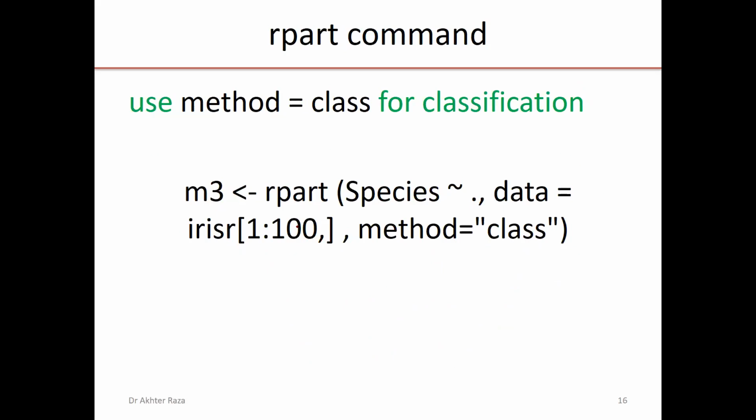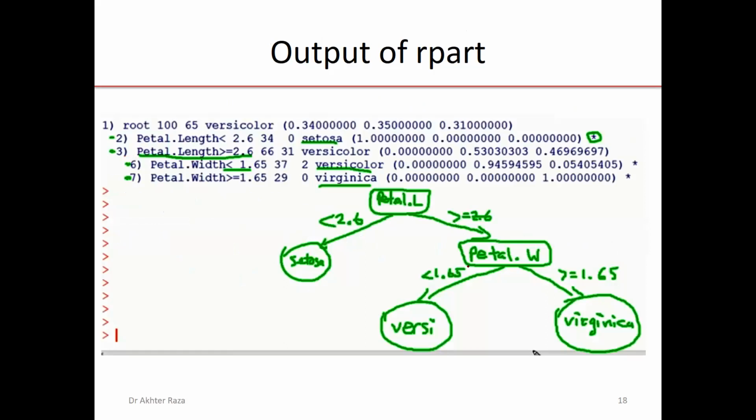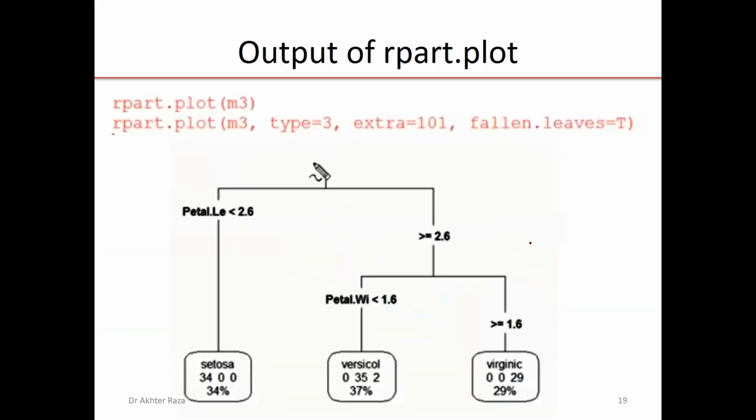If I run this model M3, then we have another rule. That rule is defined here, and we have a tree diagram like this. It is somewhat different, I think, from the previous one. So what is the accuracy of this one, and how can we plot this? rpart.plot M3. If Petal.Length is less than 2.6, it is setosa.